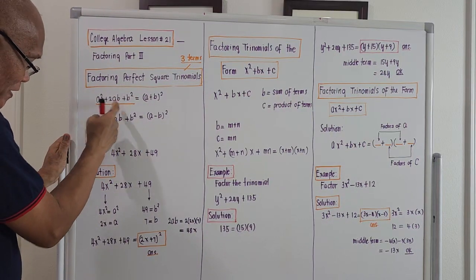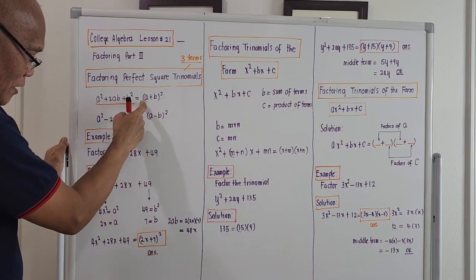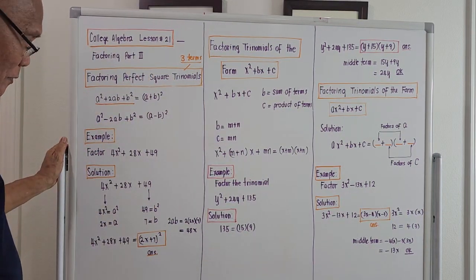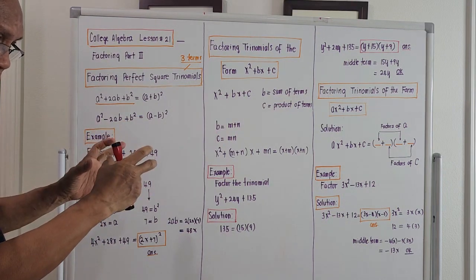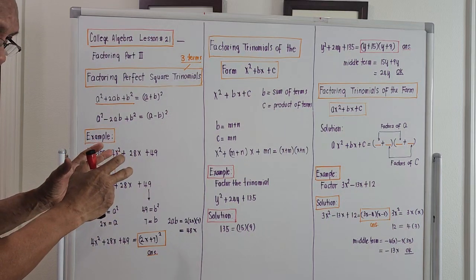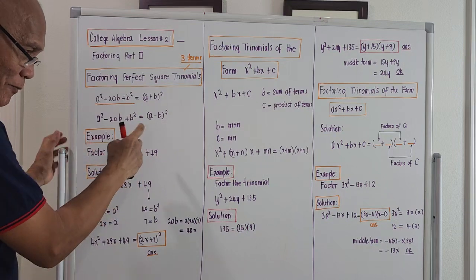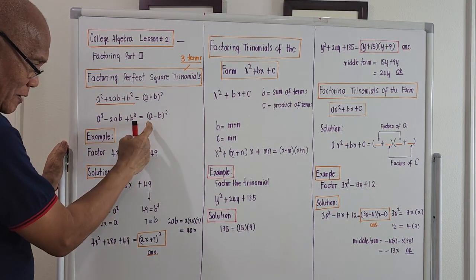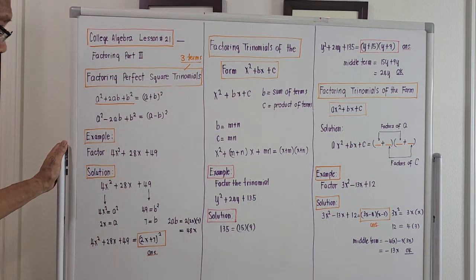For the plus signs, the resulting factor will be the quantity a plus b quantity squared. For the negative sign, the resulting factor, this is standard, as long as the given trinomial is a perfect trinomial, this will be the factor form: the quantity a minus b quantity squared.